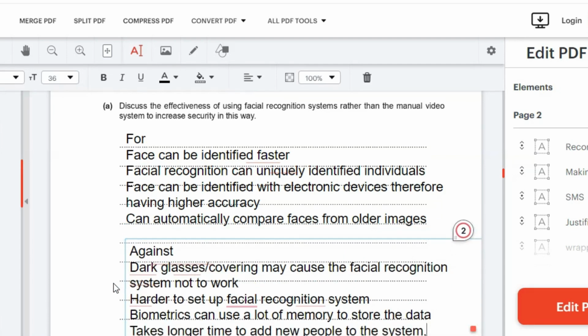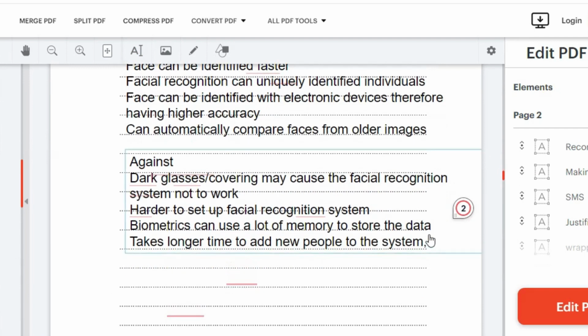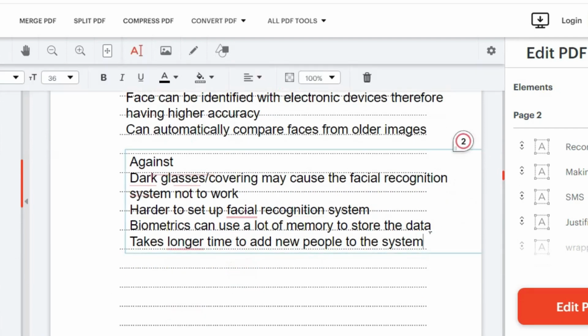Writing this, we are going to get our 8 marks. But we still have others, like intrusive, as personal details have to be stored. That is for against. With the video system, each frame needs to be checked with known images, which can lead to errors. Another one is recognizing a person can be slower as more checking is carried out. All those are points against.